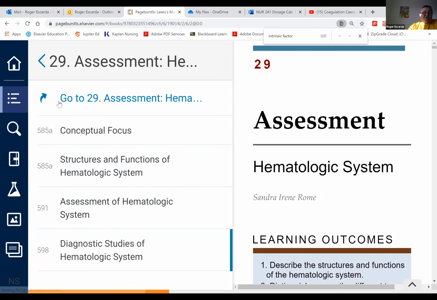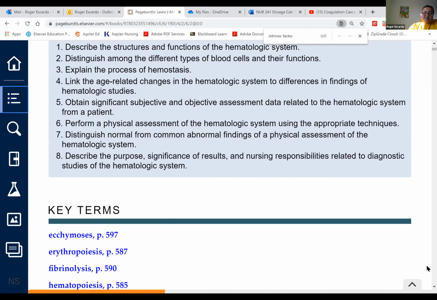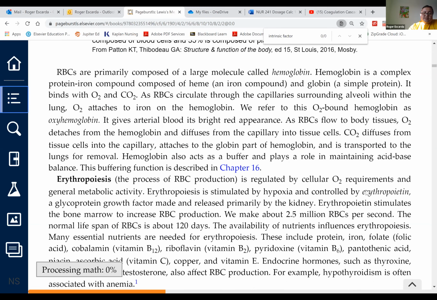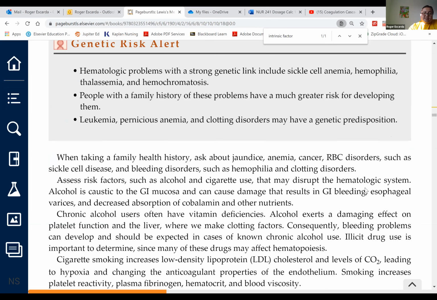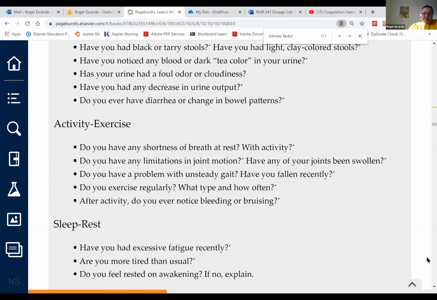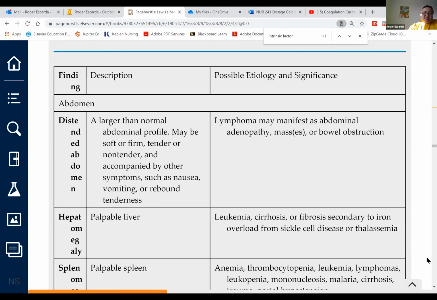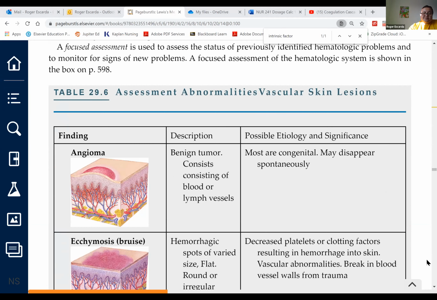On the intrinsic and extrinsic pathway of the clotting cascade, what happens next after a clot is formed?